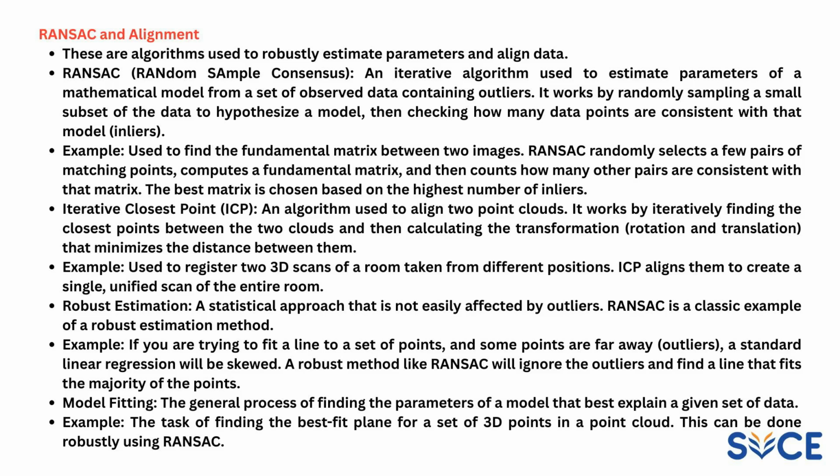Example, if you try to fit a line to a set of points and a few are way off, normal regression would be skewed. RANSAC ignores the bad points and fits the line to the majority. So this is how robust estimation works in RANSAC.